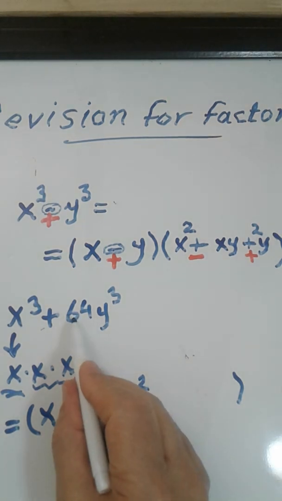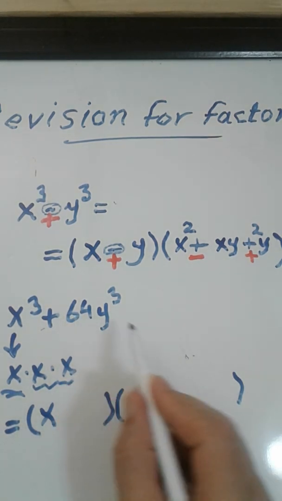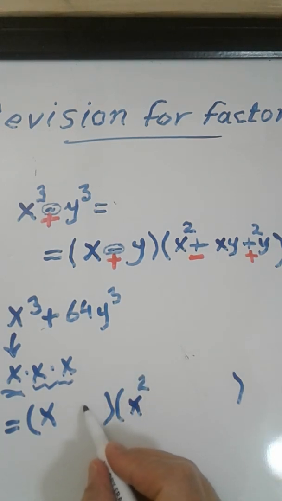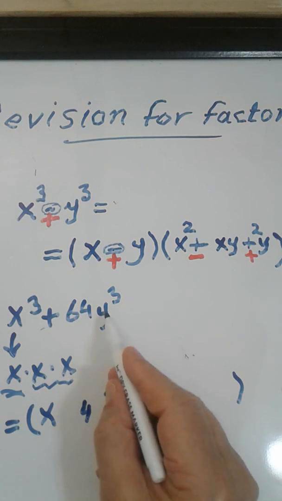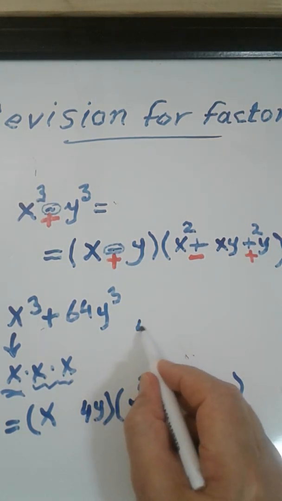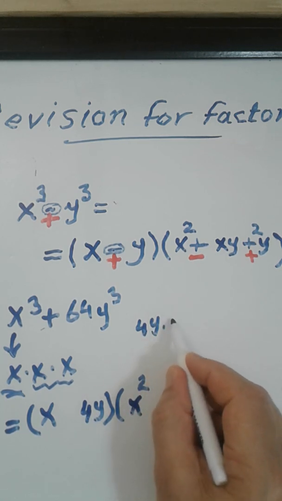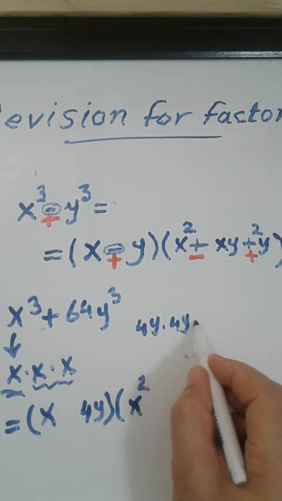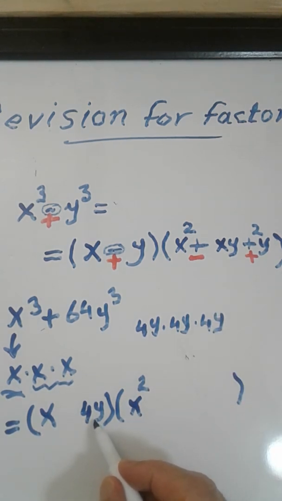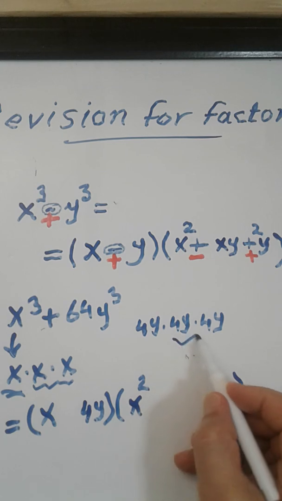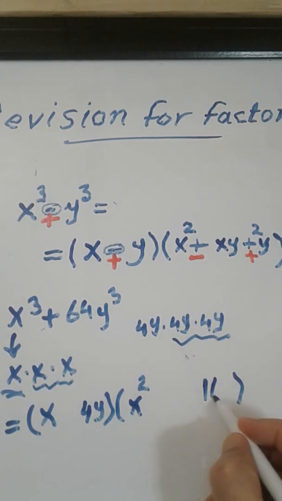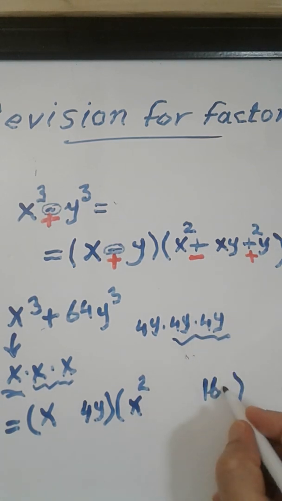Then 64 is 4 times 4 times 4. So we write 4 here, and y cubed is y times y times y, so it's like 4y times 4y times 4y. We take 4y here and the remainder is 16: 4 times 4, that means 16. y times y is y squared.